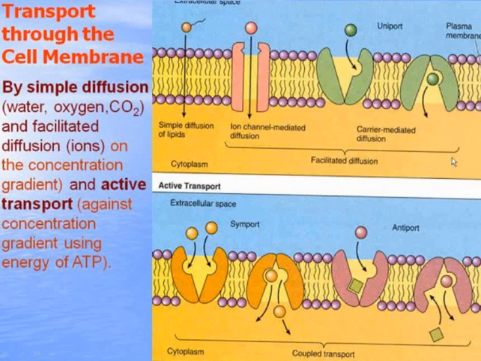Another group of transport processes is named active transport. It requires energy because the substances go against the concentration gradient and require the energy of adenosine triphosphate.